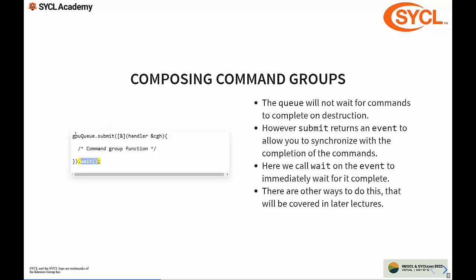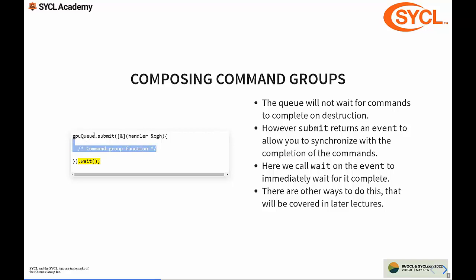What you also can do is call a wait member function from the queue itself, and then the behavior is quite different, right? Because wait on this event will wait for completion of all kernels executed inside this command group only. So only this command group completion we will wait here.